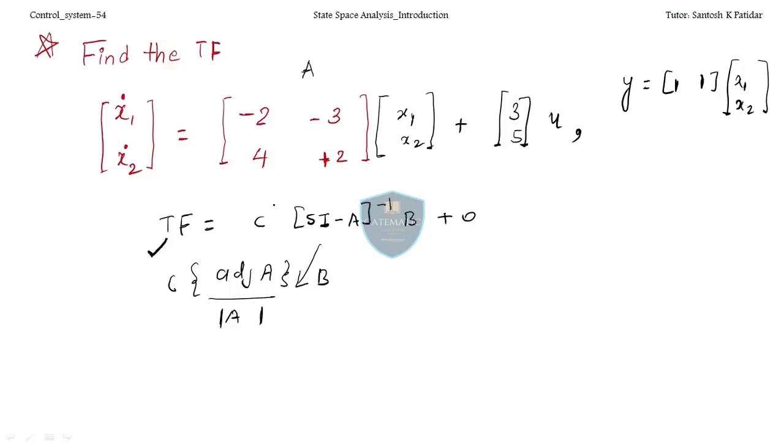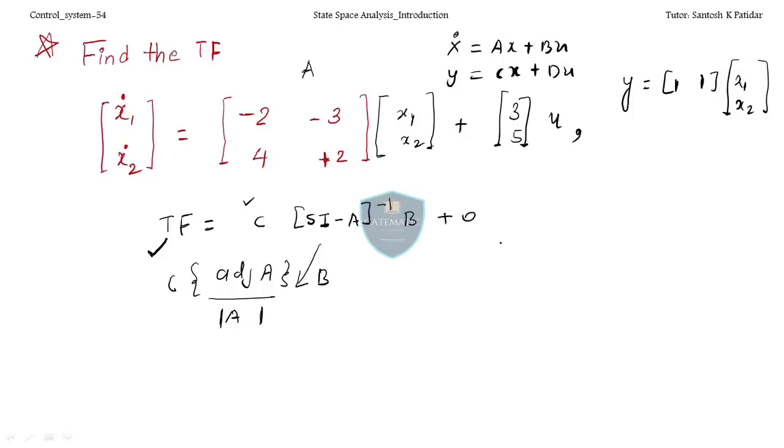Three times I think. So this is the transfer function equation: adjoint divided by determinant.